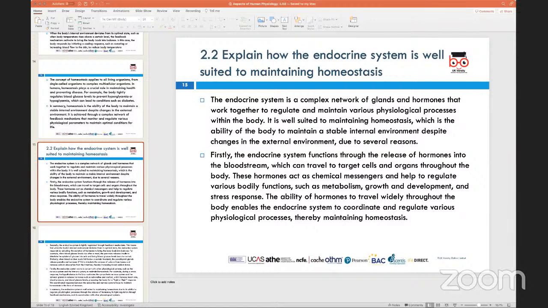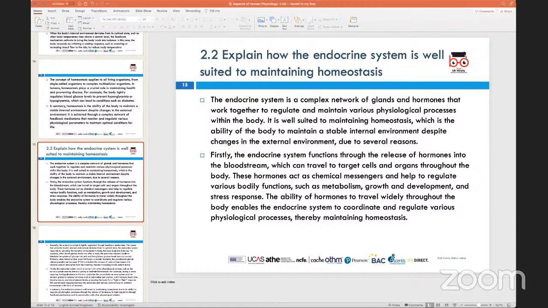If there's a cut in the body, you will see zymogen and thrombin being released. If you see your skin temperature becoming high, then certain types of reactions would start in your body, which is the cooling mechanism, activating your sweating glands. And that would lead you to start sweating.